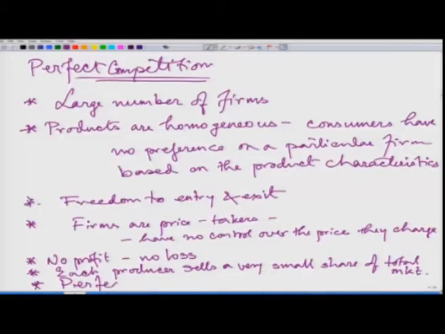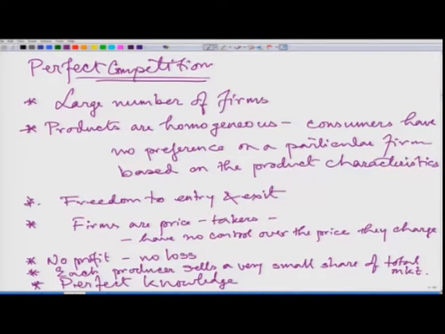And then the last one is that consumers and producers have perfect knowledge. The consumer has perfect knowledge about the producer, the quality of the product, the price of the product, how many producers are there, where they are, everything.